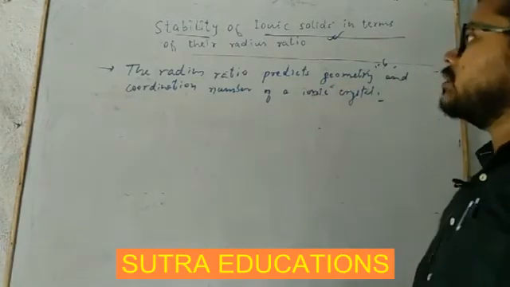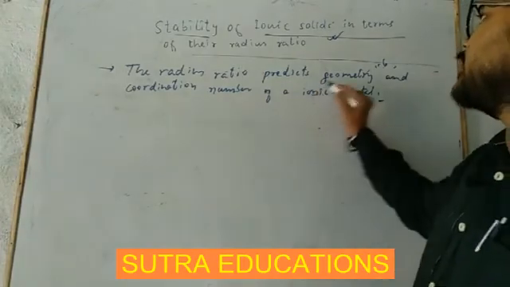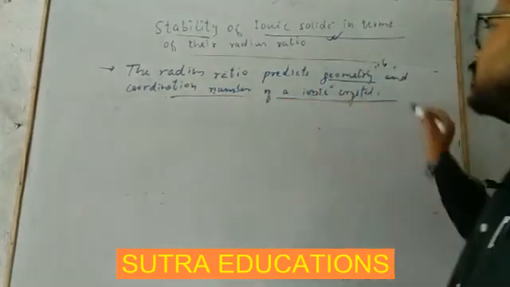Got it? Radius ratio can predict geometry and coordination number of an ionic crystal.